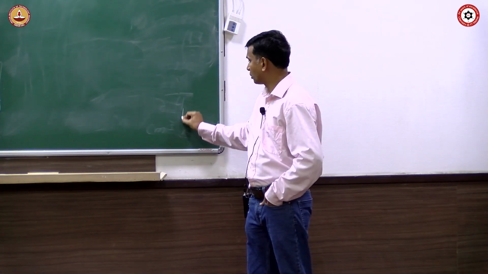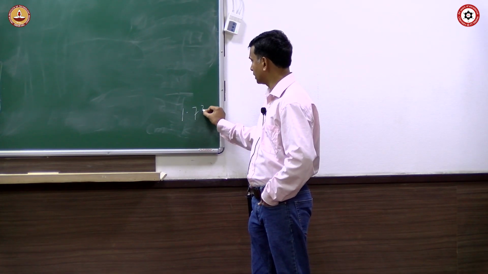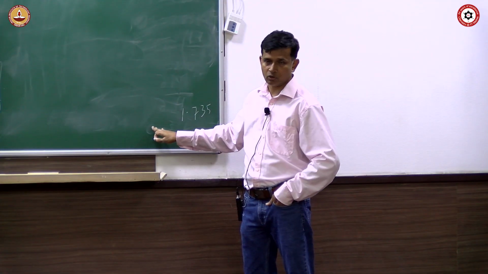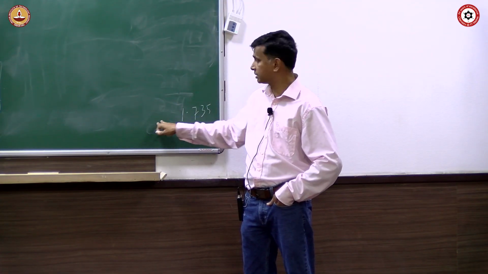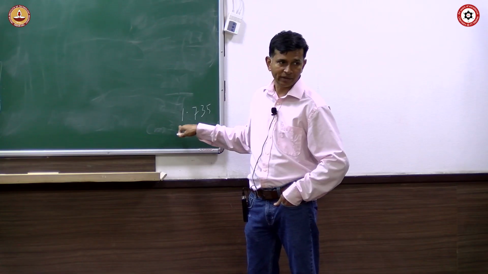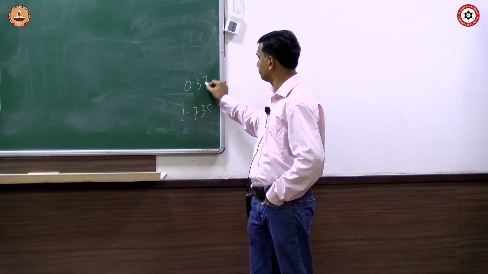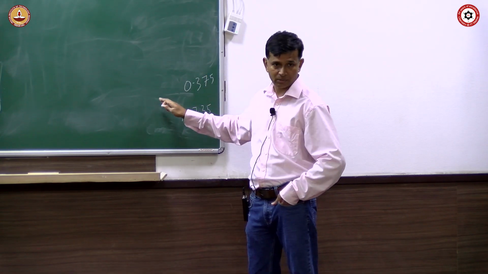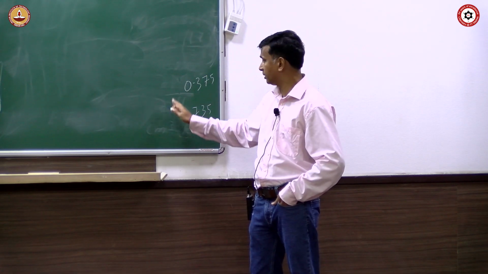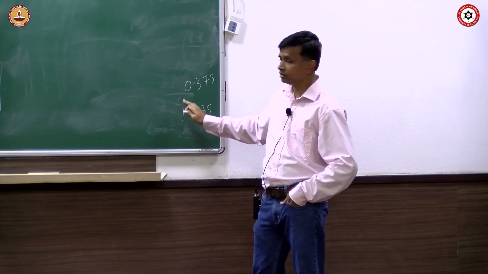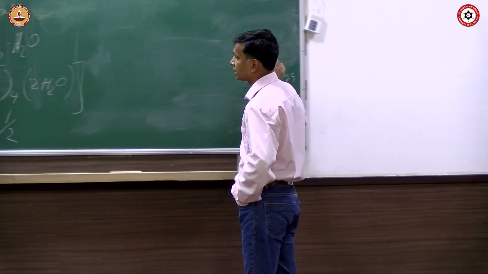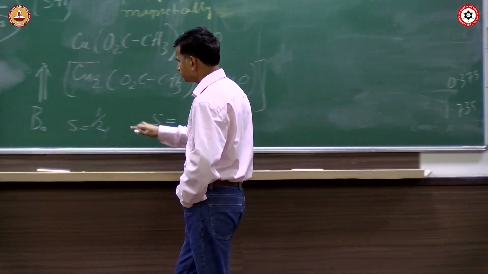If it is 1.735, that is the value for one spin, for copper 2 plus, and its magnetic moment is in Bohr magneton. If you go to the chi-T value, it will come to 0.375 for the same half spin. Only the units are different, but this is the value, in centimeter cube Kelvin per mole.